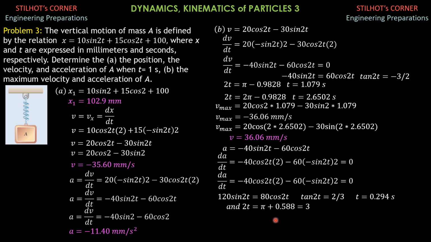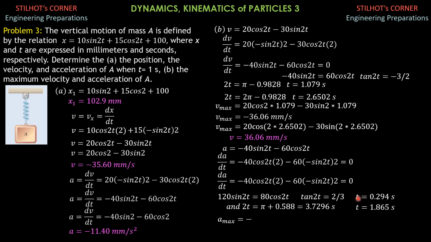So 2t equals pi plus 0.588, because inverse tangent of 2/3 is 0.588 radians. Then that's 3.7296. So t would be equal to 1.865 seconds.